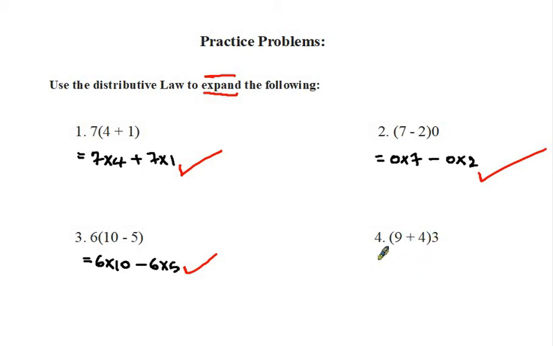So, what would be our answer? 3 times 9 plus 3 times 4. All right, excellent. You realize it's nothing hard, but if you pay attention and apply yourself, then you will understand what is happening.